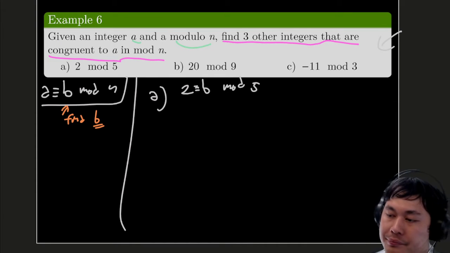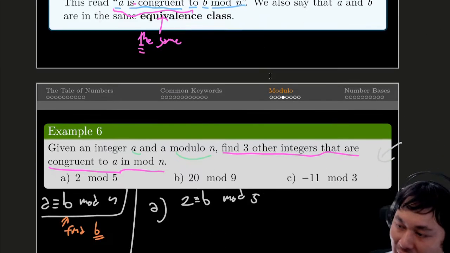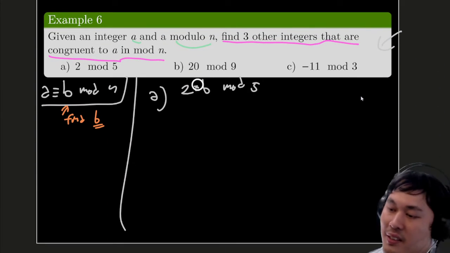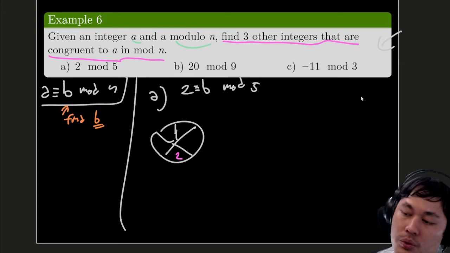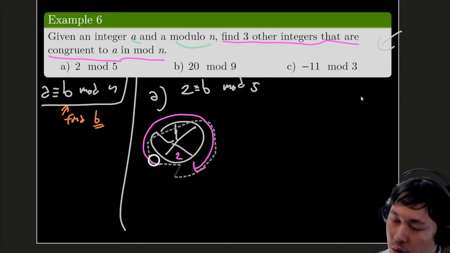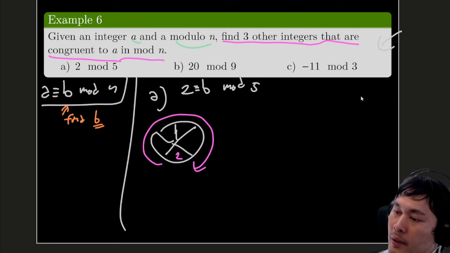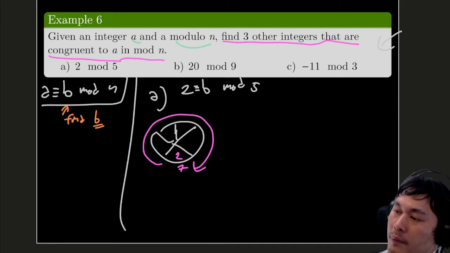And so again, you can go to the definition, or you can go to the formula here. If I'm around the clock, 5 steps, and if I'm at 2, how do I get back to 2 again? You can move forward 5 steps. That should move you back to the same section. If you move 5 steps, you get to 7.